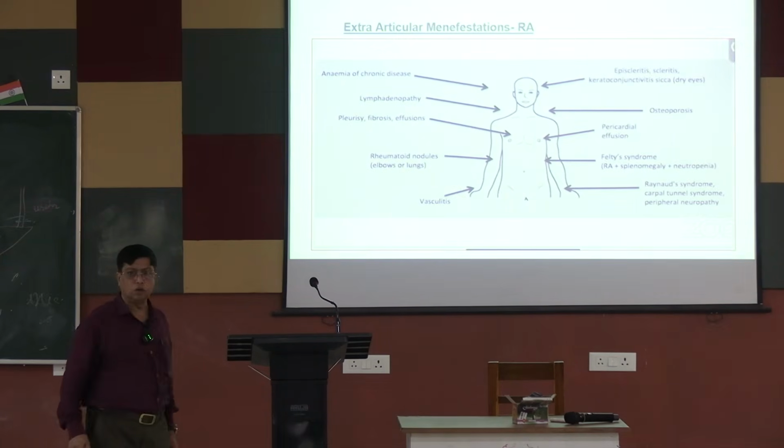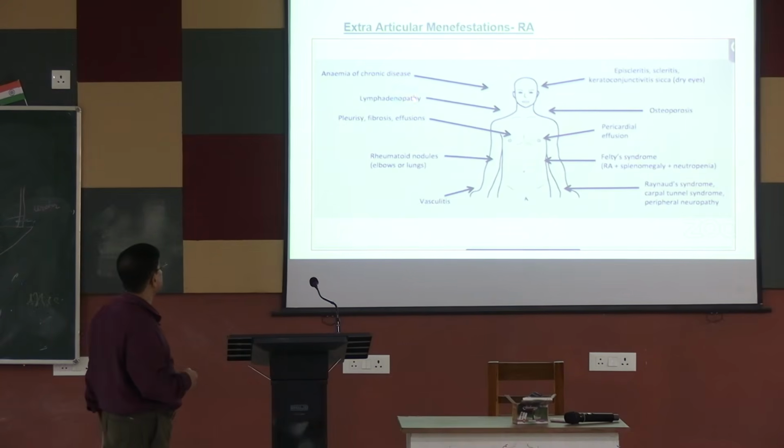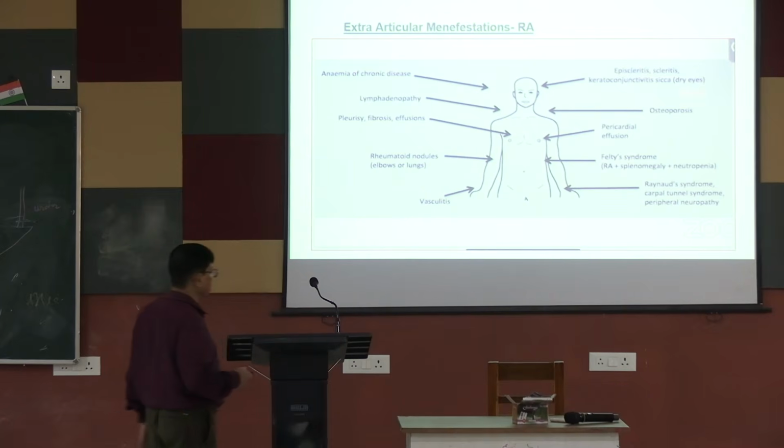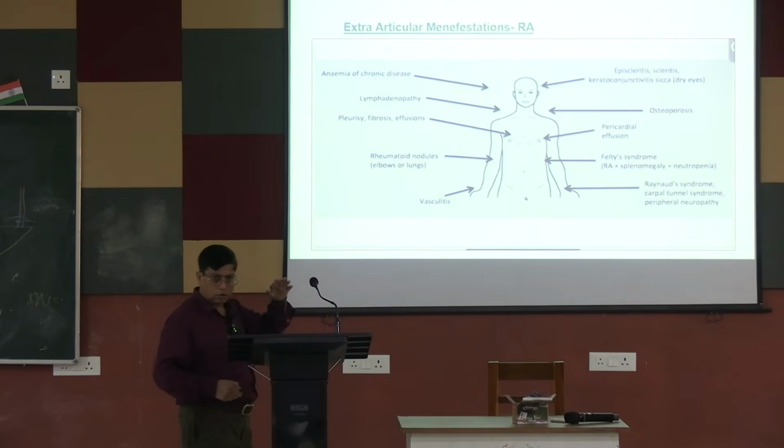Rheumatoid arthritis not only involves the joints, it also involves the extra-articular structures. These are the pictures where you can see the extra-articular structures involved. There is anemia of chronic disease. I have told you the extra-articular manifestations. There are other extra-articular manifestations like in the eye, it is episcleritis, and starting from the eye, going from above down, you can remember.